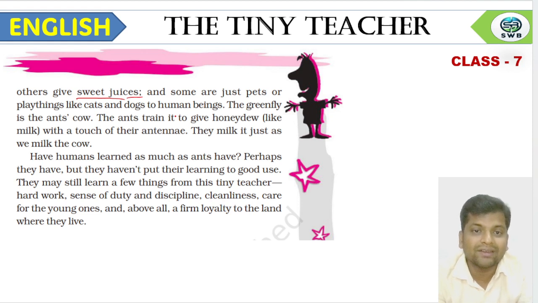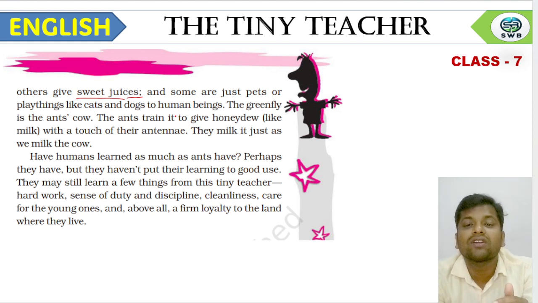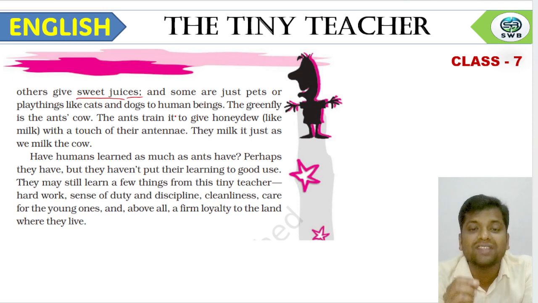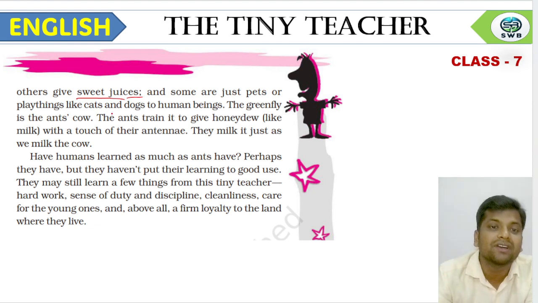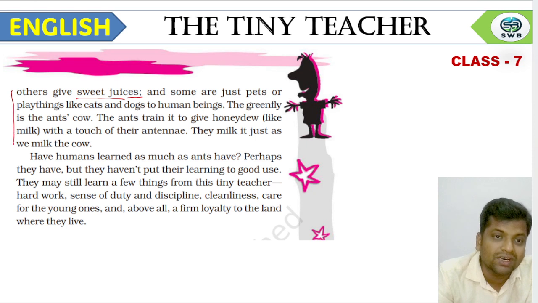And these ants go to the greenflies and touch their antennae to feel the sweetness of that honeydew. Do you understand me? As human beings keep cows to get milk, the ant society keeps greenflies to get a little honeydew with the help of their antennae. This is written here. Try to understand it.